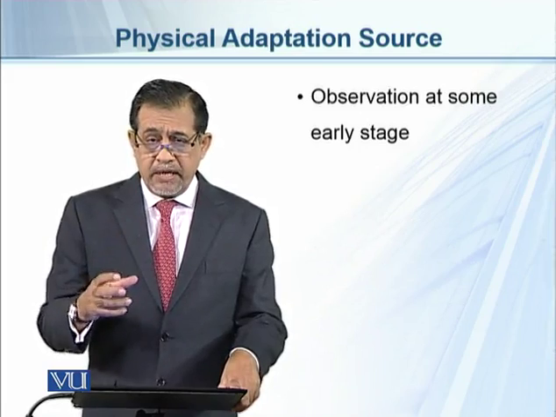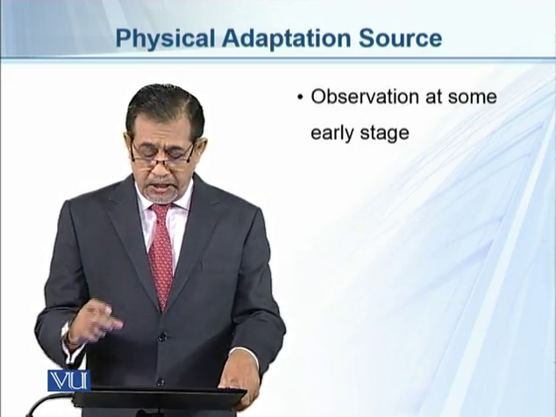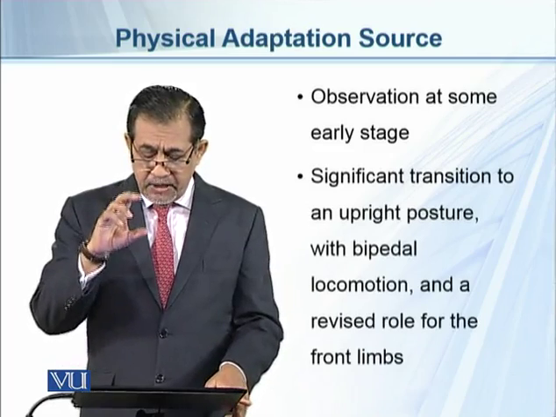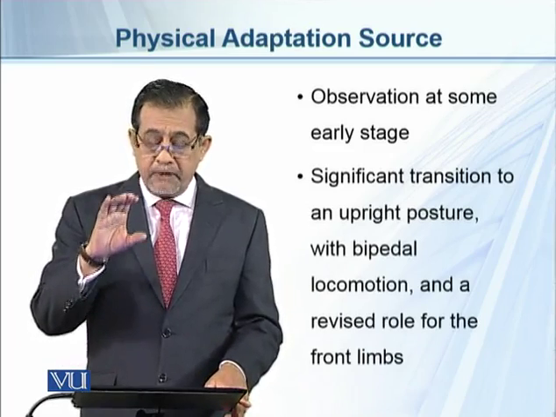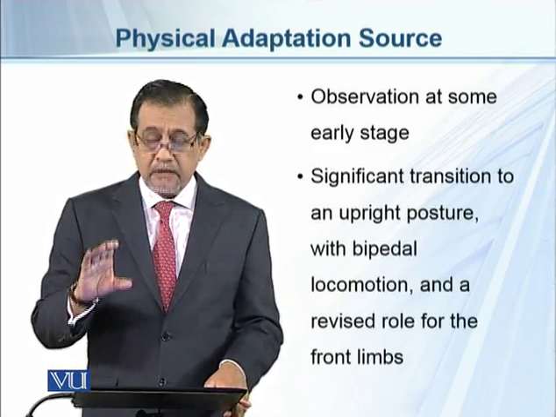It means that human beings have certain physical features which are not found in other primates. So let's look at the beginning of a human child. Significant transition to an upright posture with bipedal locomotion and a revised role for the front limbs.